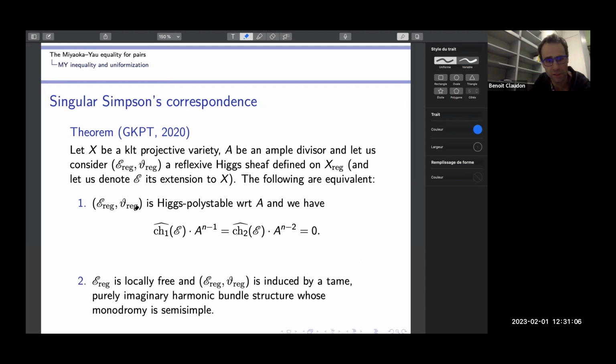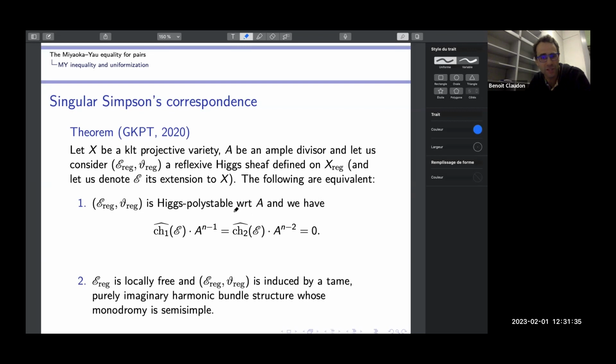First, this sheaf E is polystable with respect to A. It is only defined on the regular part of X, but we can compute the slope of this guy and of the subsheaves, since everything is defined on the regular locus. So it has a meaning.